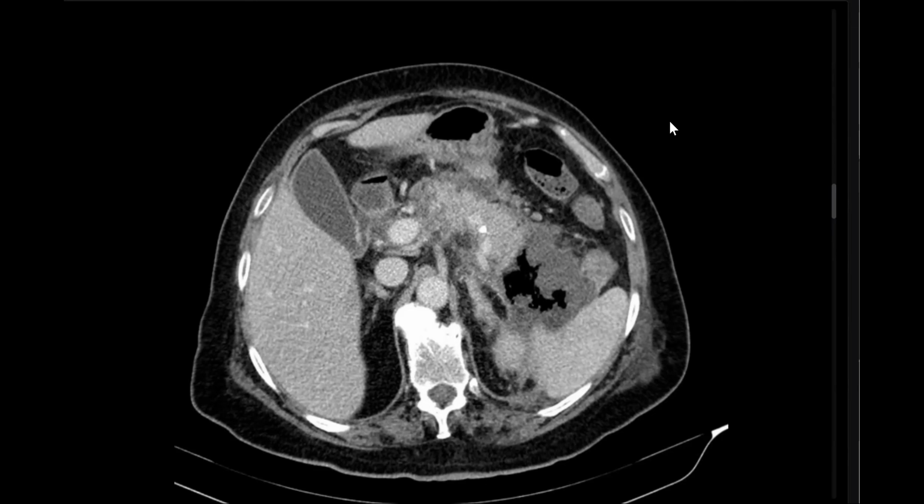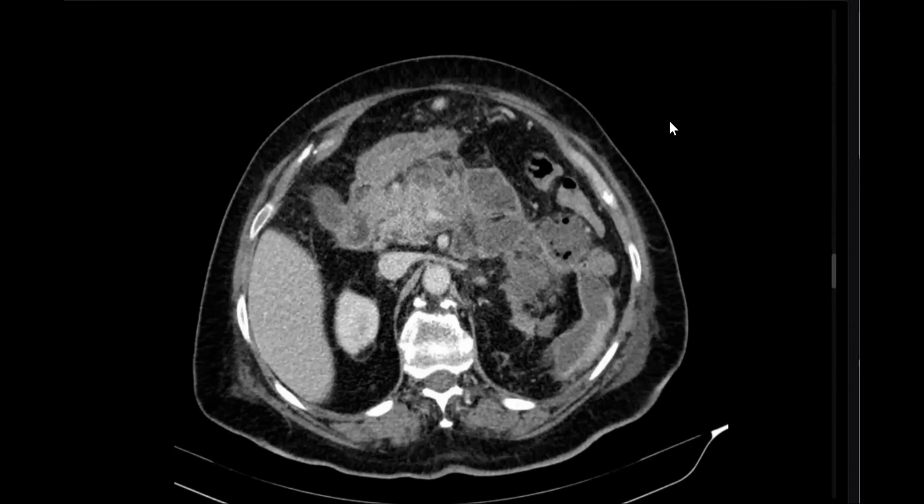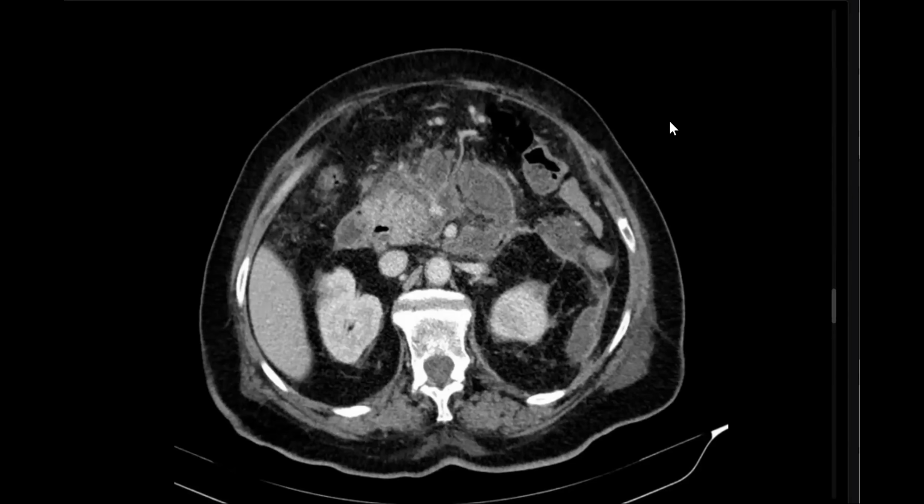If there is an area of necrosis, it's infected necrosis. In an abscess, usually the rest of the pancreas is normally enhancing, no abnormal enhancement, no hypoenhancement, but there is a well-defined collection containing air foci. This is a pancreatic abscess. But it's commonly now diagnosed as infected necrosis. Okay, my friend? Very good.